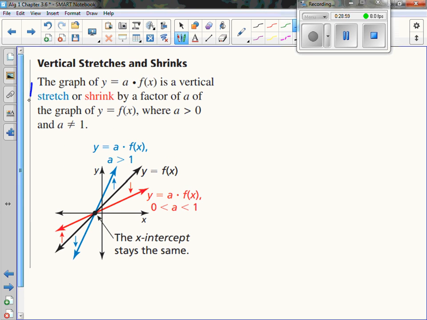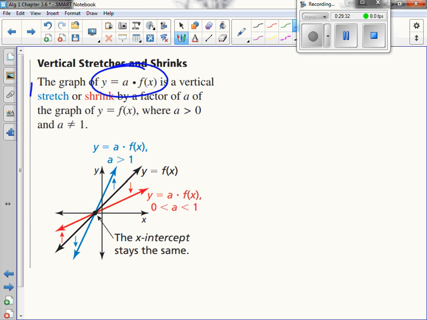Now that brings us to the last one that we have, vertical stretch. I would circle this here: y equals a f of x. So we have a vertical stretch/shrink.